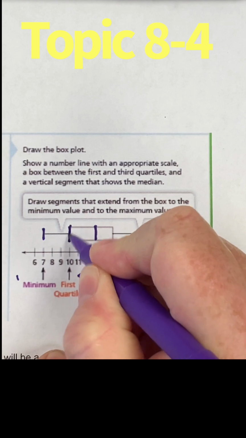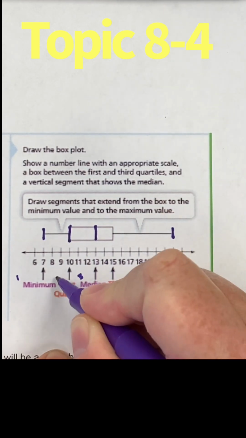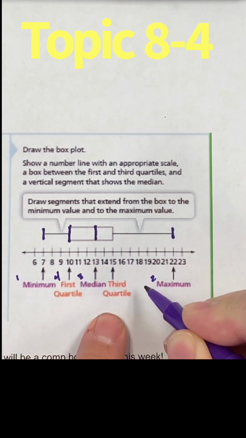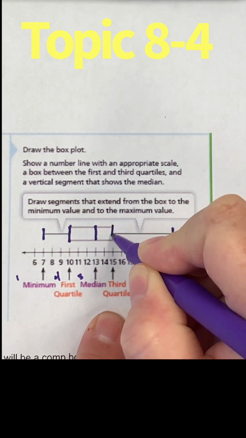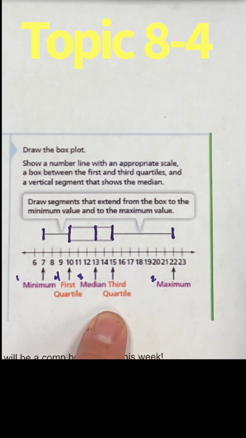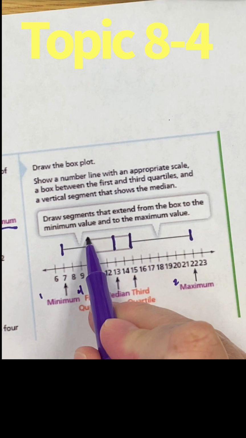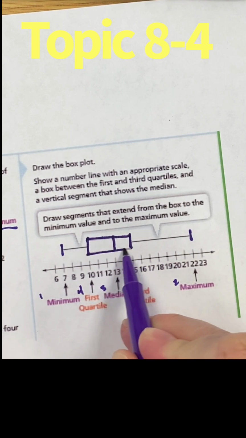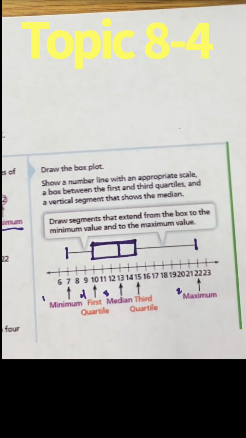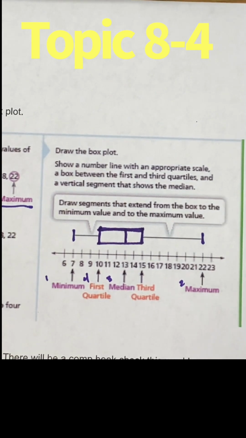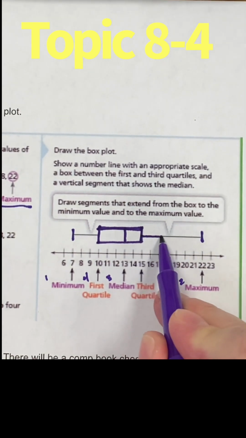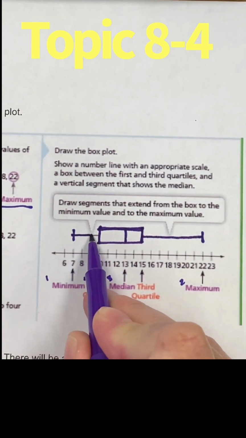So here's the first part of my box. I'm going to put my third quartile in. There's the right side of my box, and I can then make my box. And then the only thing I have left is a line.